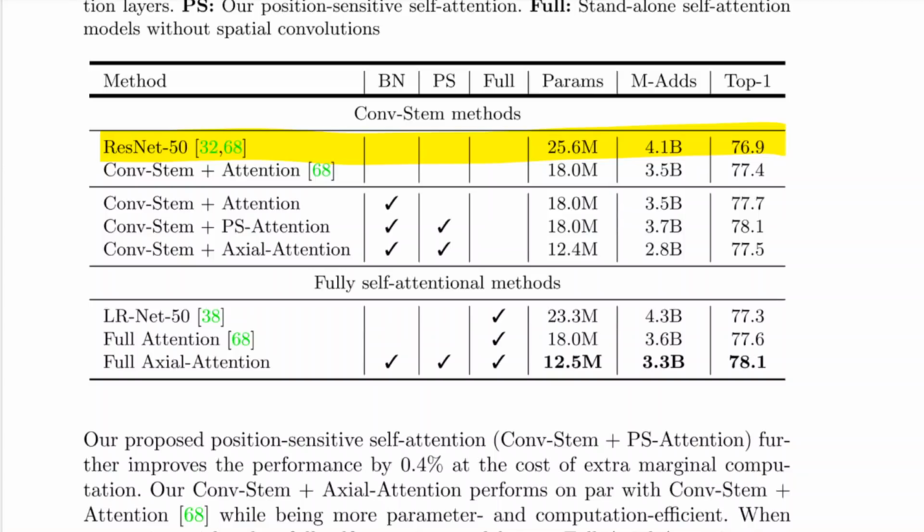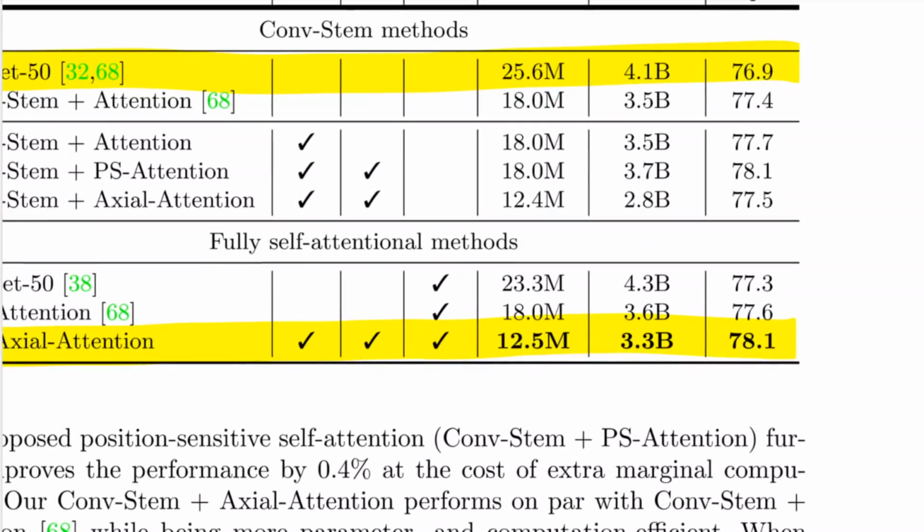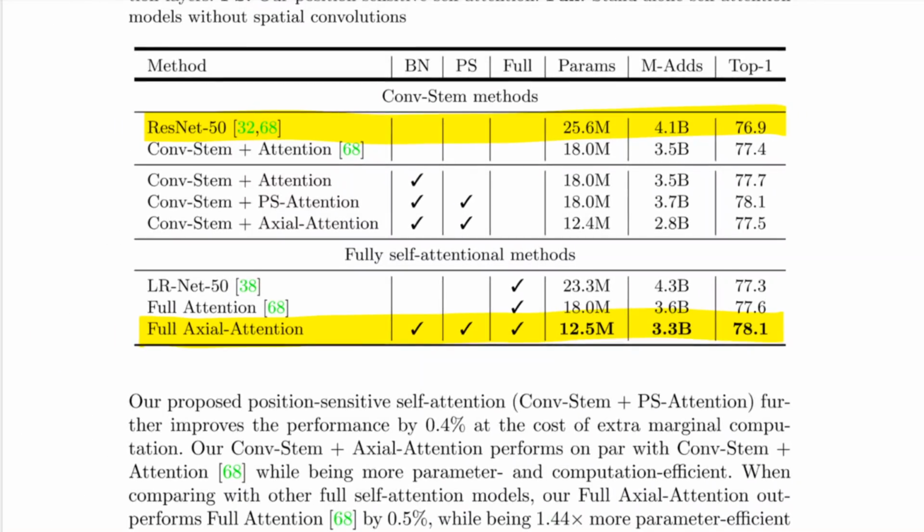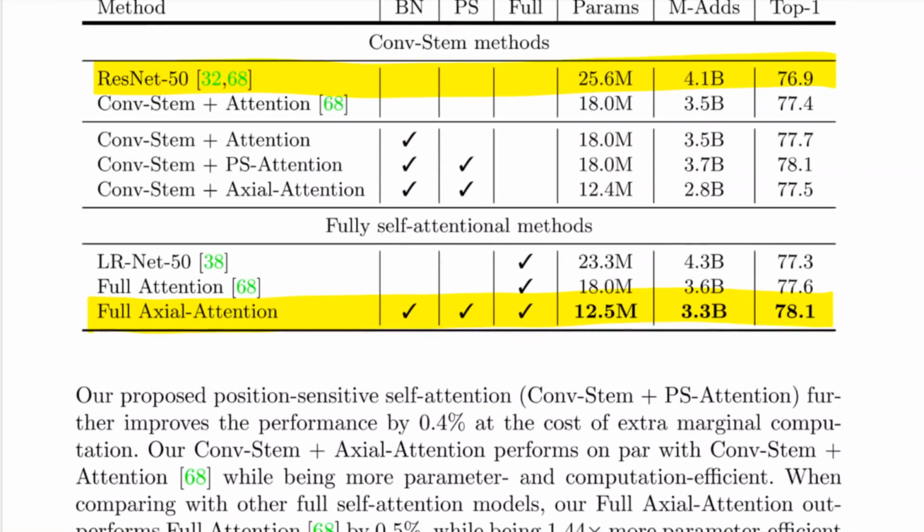The ResNet 50 is pretty good model. You can see the full axial attention right here achieves a 78.1, also not state of the art, but still pretty good. And as they say, it's the best fully attentional model on ImageNet, or standalone attention model on ImageNet.